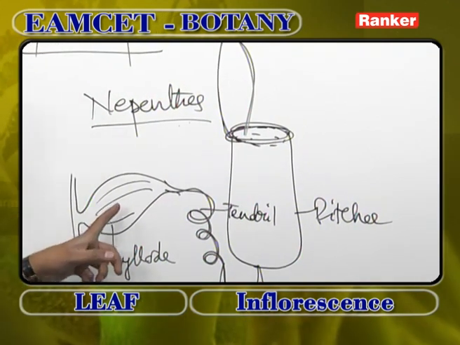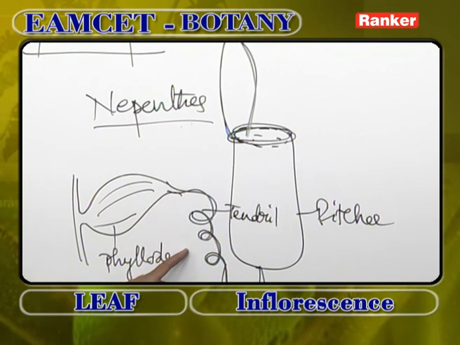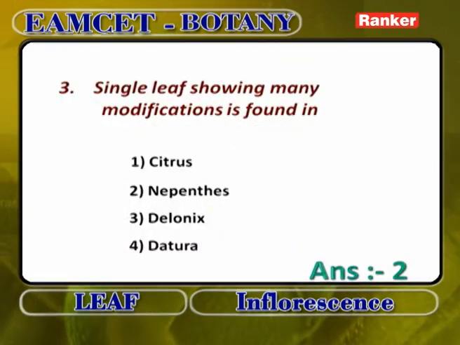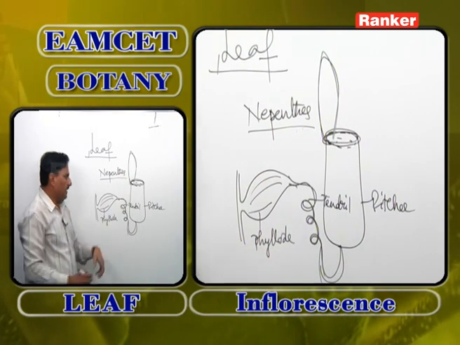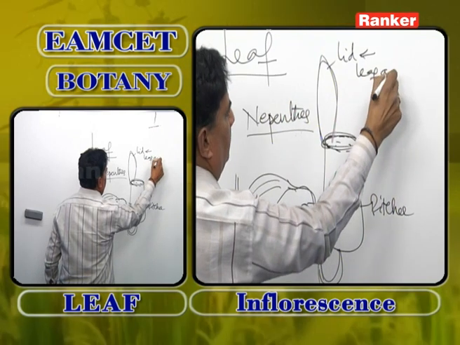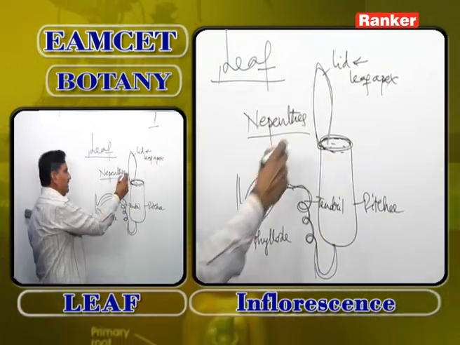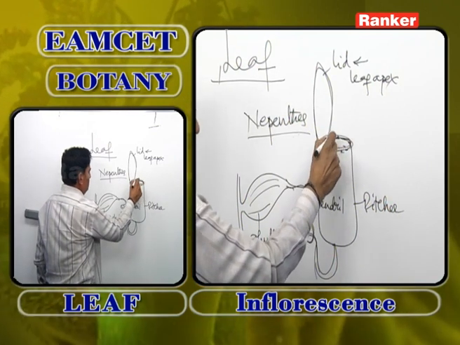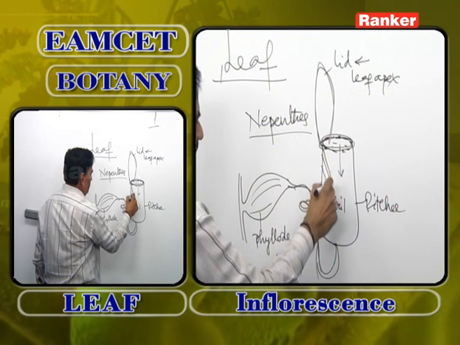So, the lower part of the petiole has become phylloid, the upper part of the petiole has become tendril, the total leaf lamina is modified into a cup-like structure called pitcher, and the leaf apex is modified into a special lid. The lid attracts the insects. The insect comes and sits on this. Because it is slippery, they fall into it.